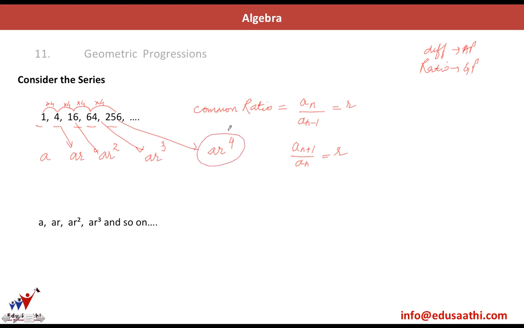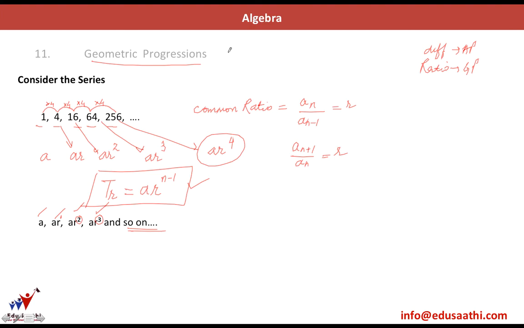So you will realize that if I have to write any term in general, it would be written as the first term into r raised to power n minus 1. That means r will be multiplied n minus 1 times with the first term to get to the nth term. First term, second term, r is 1. Third term, r is 2. Fourth term, r is raised to power 3, and so on. So this is how a geometric progression looks.